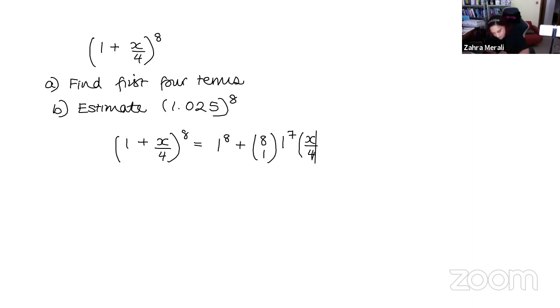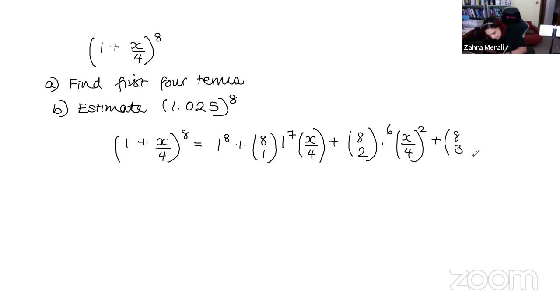I know you know that 1 to the power of anything is 1, but we'll put it here to make sure you follow everything. And then you've got 8c2, 1 to the power of 6, x over 4 all squared, plus 8c3, 1 to the power of 5, x over 4 cubed. Okay, so in my calculator, well, we don't need to do that, it's just 1.